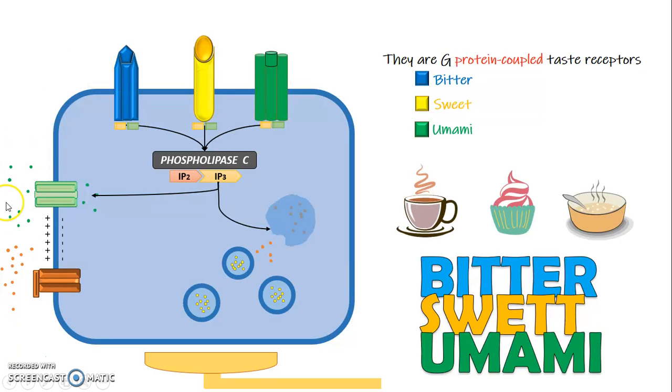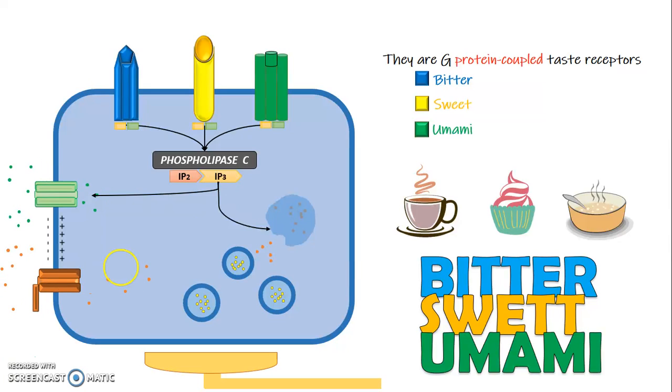As the sodium ions pass through the sodium channel, that causes depolarization of the cell membrane that activates the calcium channels that are sensitive to voltage, and that causes the calcium to get in the cell.